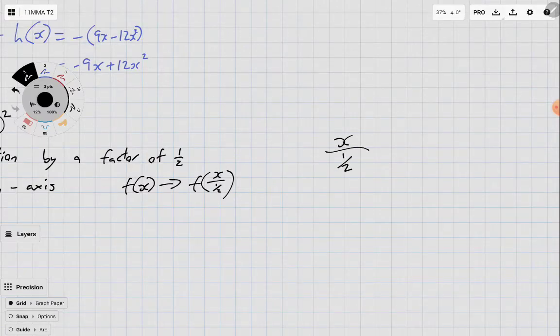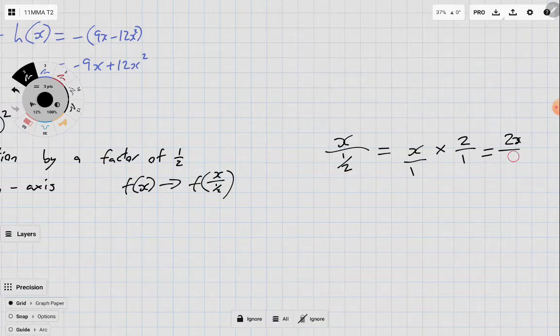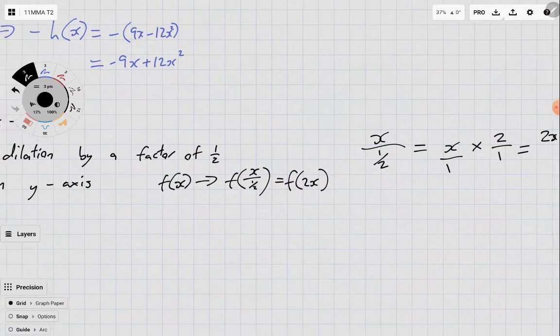Well, this is equal to x divided by a half, and if you remember your fraction rules, you'll know that you can change divide to times, and this is just really x over 1. X times 2 is 2x, 1 times 1 is 1, so it's 2x over 1, or just 2x. So this really becomes f of 2x. Okay, so it's like an inversion sort of thing happening there.